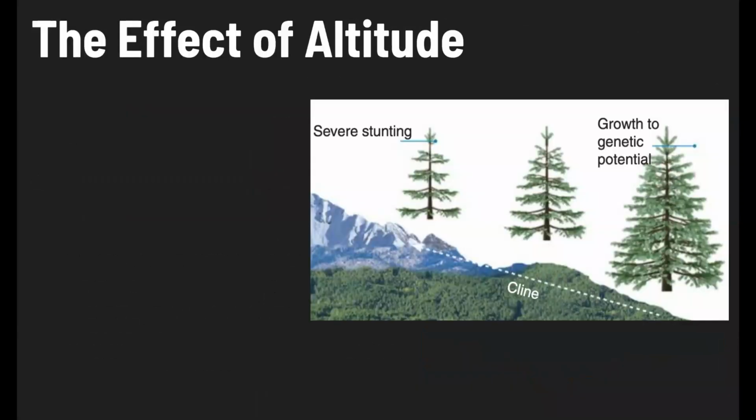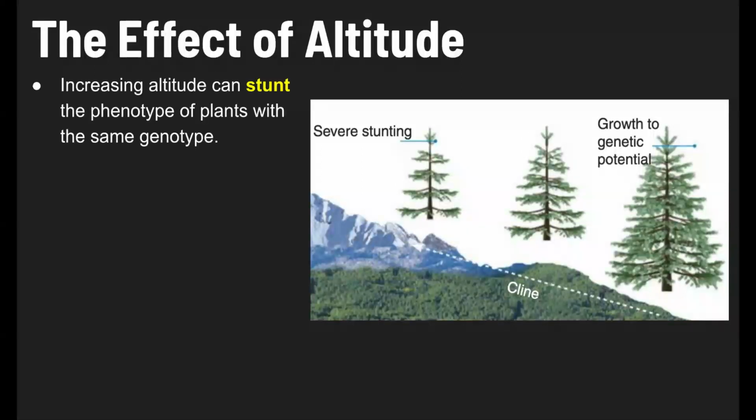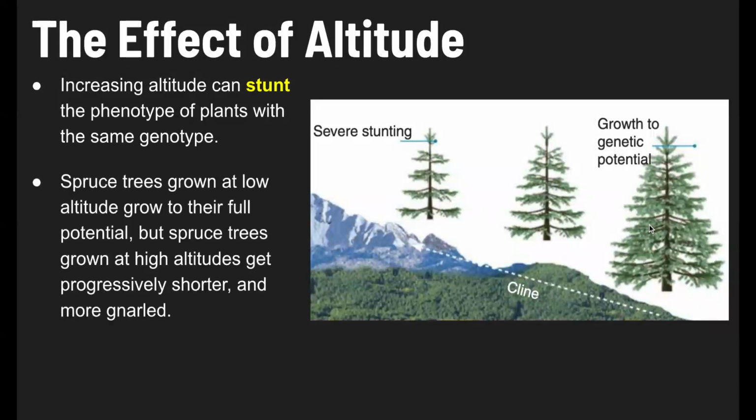Okay, now let me give you an example of how altitude can affect phenotype. So increasing altitude can actually stunt the phenotype of plants, even if the plants have the same genotype. If you look in this picture at these spruce trees, the spruce trees that are grown at low altitude, so this would be at the base of the mountain, they're going to grow to their full potential.